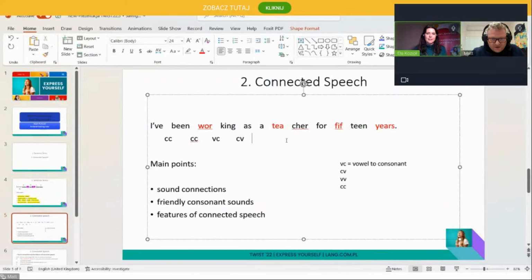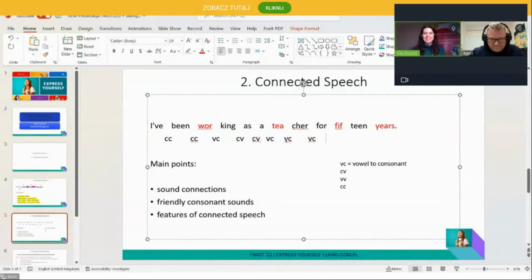"As a", so that's consonant to vowel. "As a teacher", then it's vowel to consonant. "Teacher", vowel to consonant. "Teacher for", vowel to consonant. So this is a good section of the sentence.